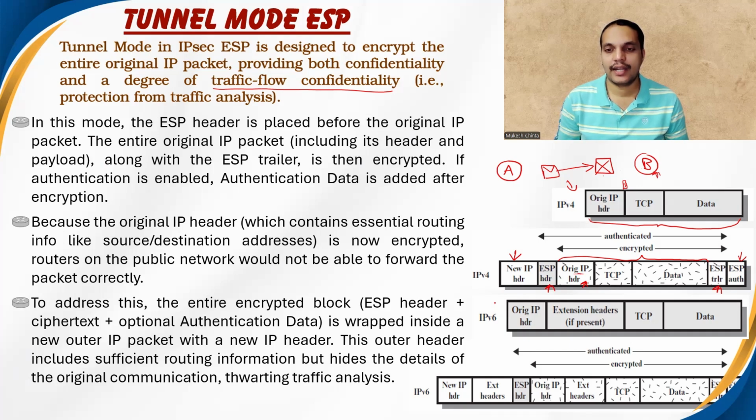Do remember that the main difference between transport and tunnel modes is, in the tunnel mode, the entire IP packet is now encrypted. The entire IP packet. An additional new header is being added to this packet, which contains different routing information to the one that is present inside the original IP header. Okay. Now let me show you how it is being done.